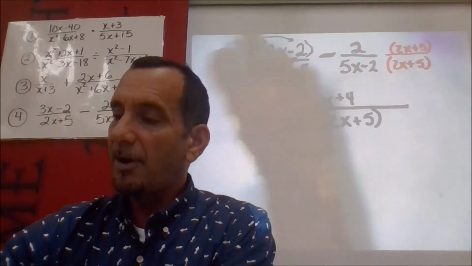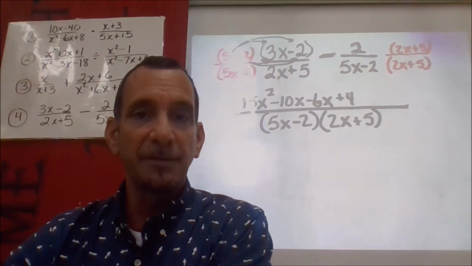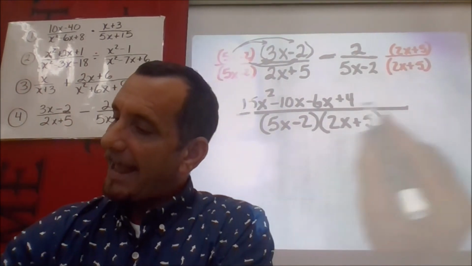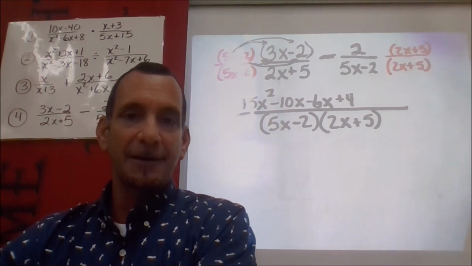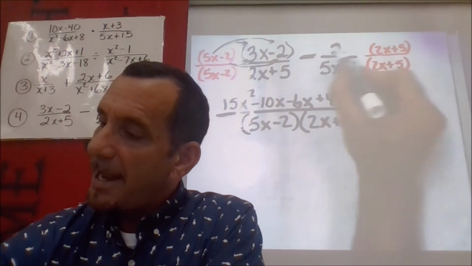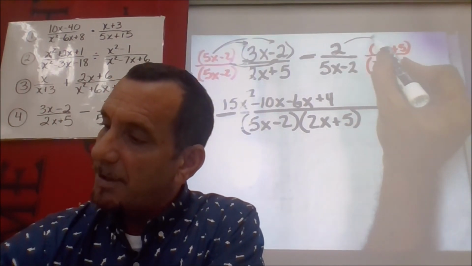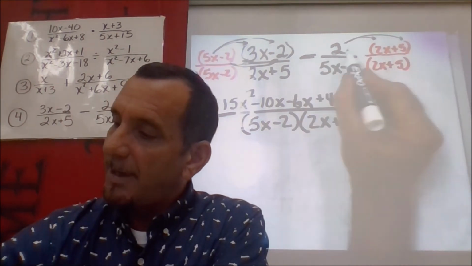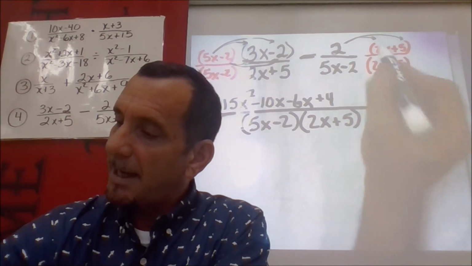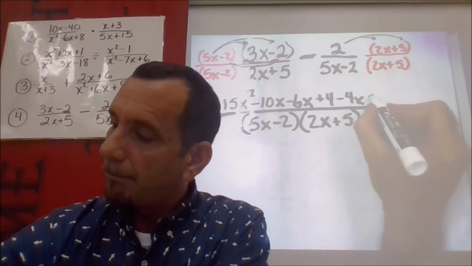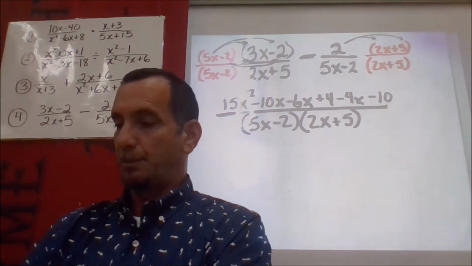This is the first numerator expression FOILed. And now I'm going to move on to the second, which is a negative 2 distributed with this binomial. And we have negative 2 times a negative 2x is a minus 4x minus 10.